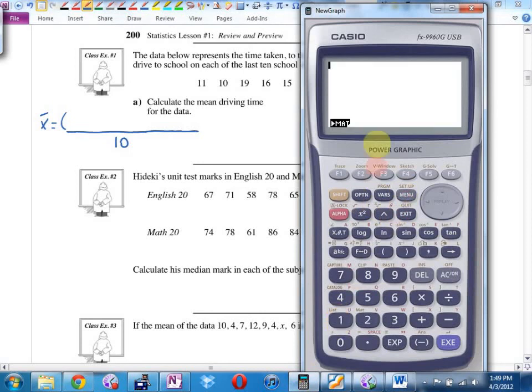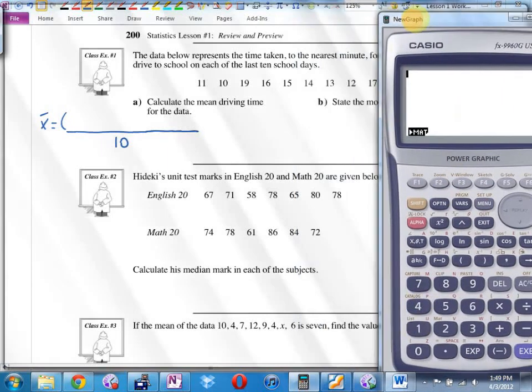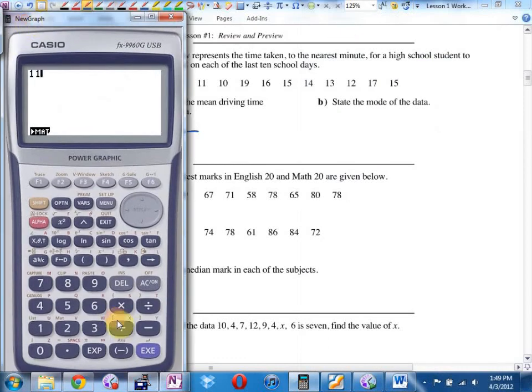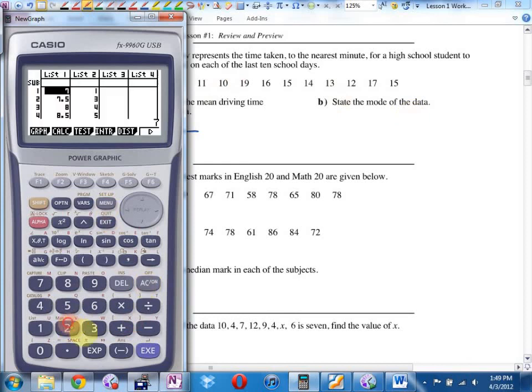If I'm going to type out on my calculator 11 plus 10 plus 19 plus 16 plus 15 plus 14. If I'm going to type every number, Boston, no matter what, why wouldn't I just type it in here?